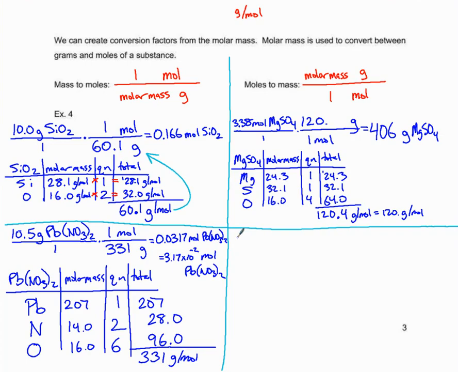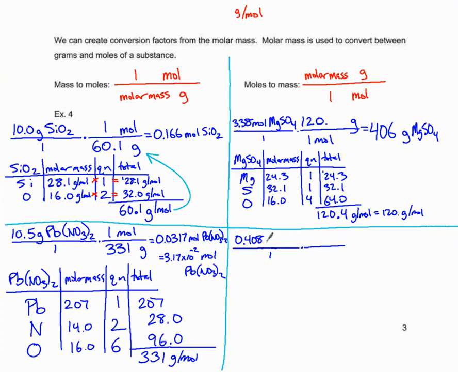So another one, let's say we have 0.408 grams of PCl3. And we want to know what is the amount of PCl3. I'm talking about moles here, excuse me.